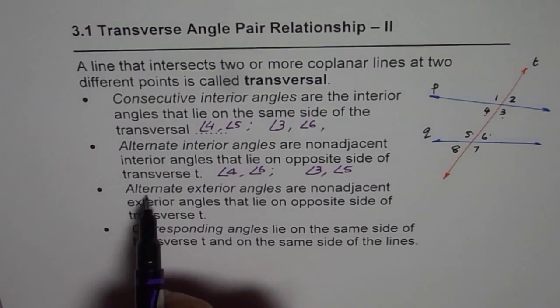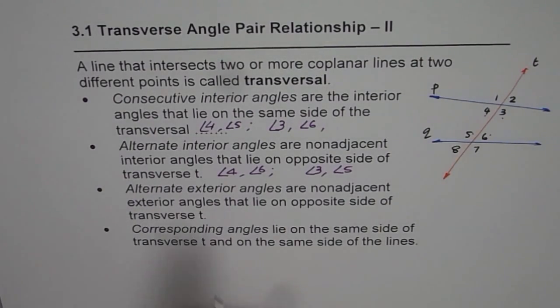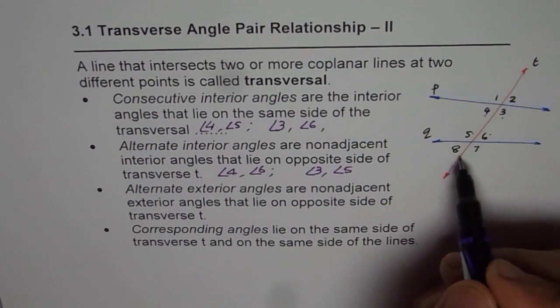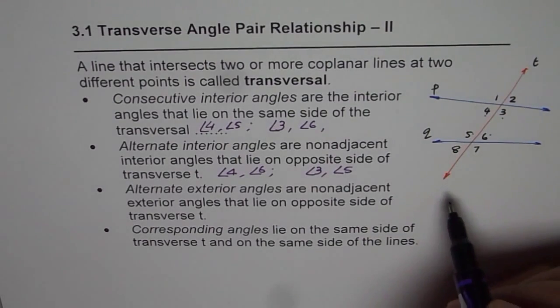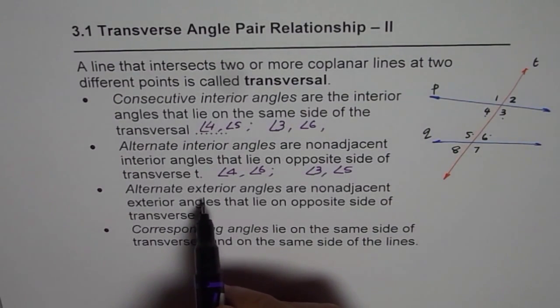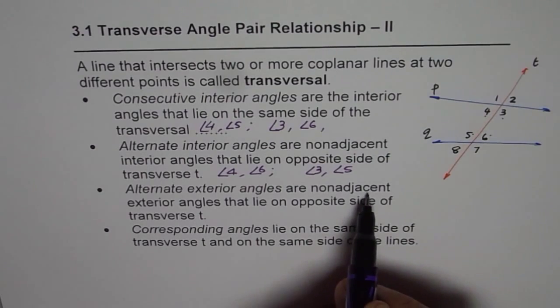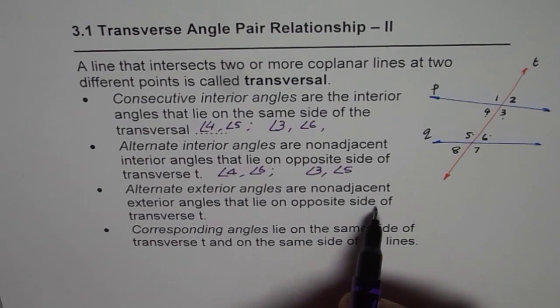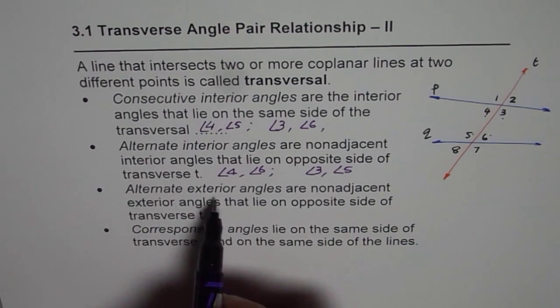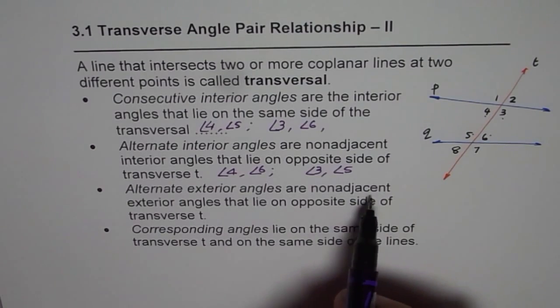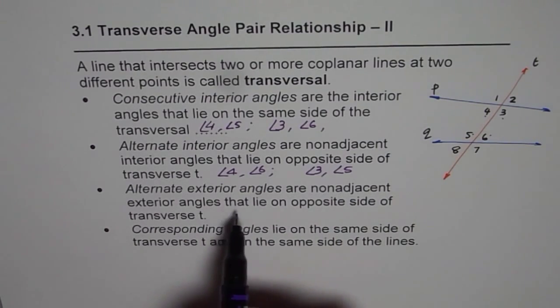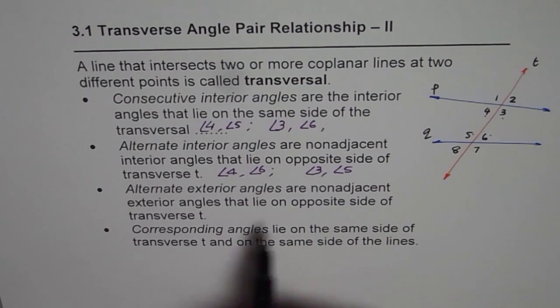Next term is alternate exterior angles. That means we are now looking into 1, 2, 8, 7, the exterior angles. Alternate by definition is non-adjacent and opposite side, right? So alternate exterior angles are non-adjacent exterior angles that lie on opposite sides of the transversal.